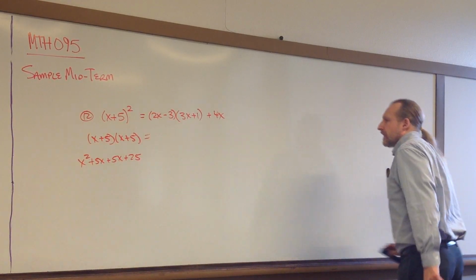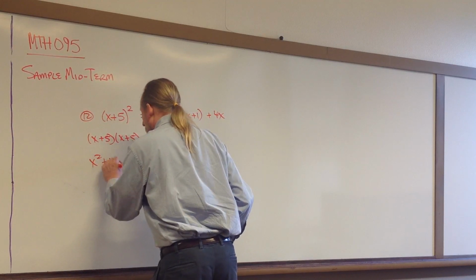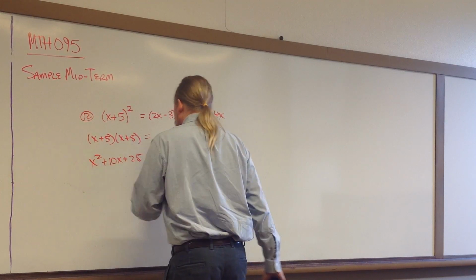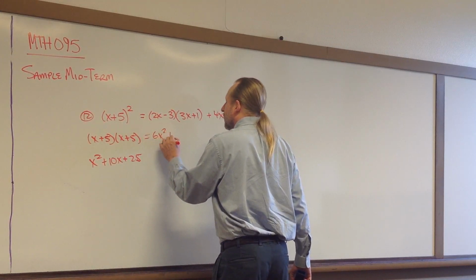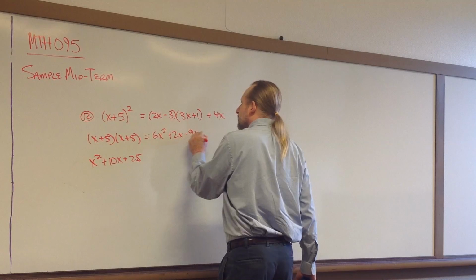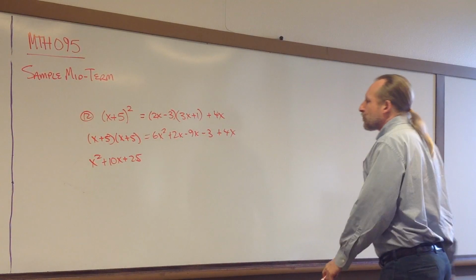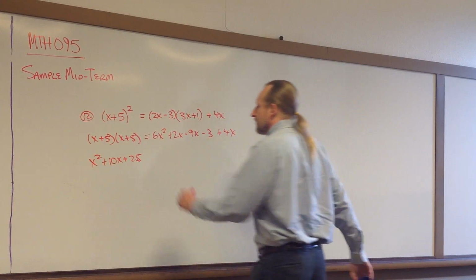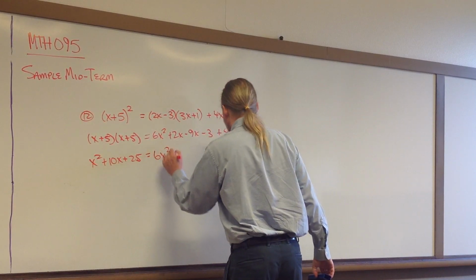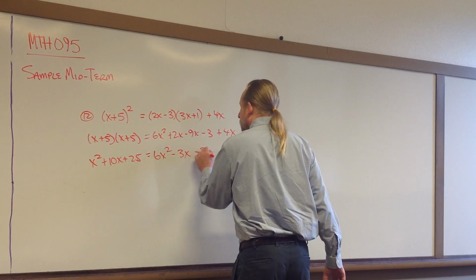So this is going to be x squared plus 10x plus 25. Over here, 6x squared plus 2x minus 9x minus 3. So this will be negative 7x plus 4x, so negative 3x minus 3.